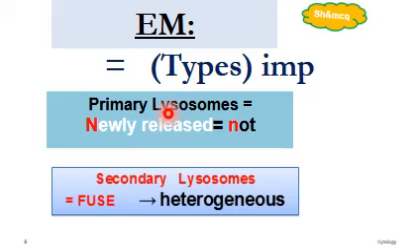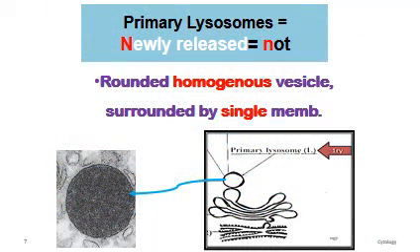We have two types: the primary lysosome, which is newly released and has not entered a digestive process, and the secondary lysosome, which means the primary lysosome fused with something to be digested. In this case it appears as if two things are fused together, so it is heterogeneous in shape. The primary lysosome, just released from the Golgi apparatus, appears as a homogeneous vesicle surrounded by a single membrane.